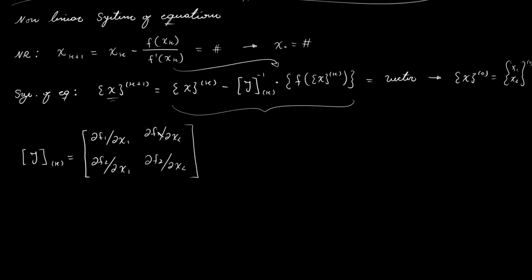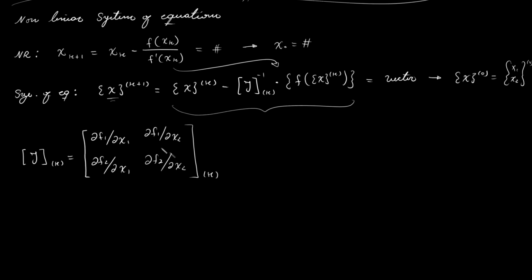So this is for a 2 by 2. The rows are the functions and the columns are the variables. If I keep adding rows, those will be partials of a certain function, and if I keep adding columns, it's with respect to a certain variable. But this is for a particular k. When you find the Jacobian, it changes.